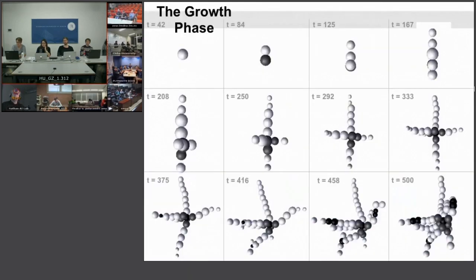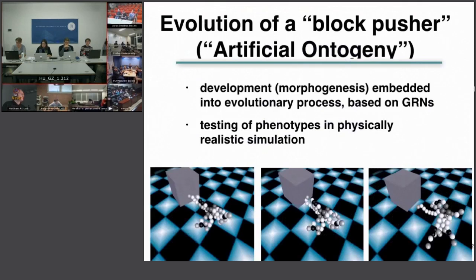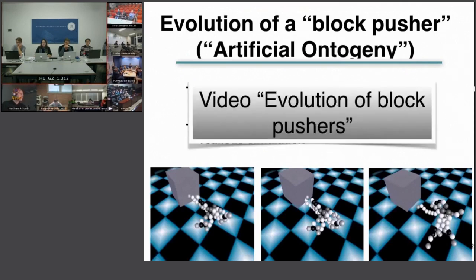So it starts with some simple element, and then with this specific network a specific structure is created, and here also a task is given to the robot, which is then translated into a fitness value, which is in this example how far this block can be pushed, and maybe we just show one of these videos.